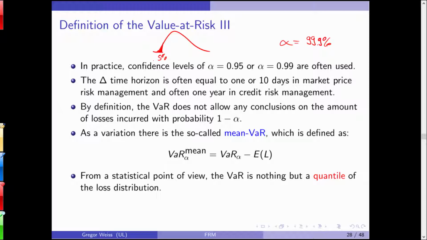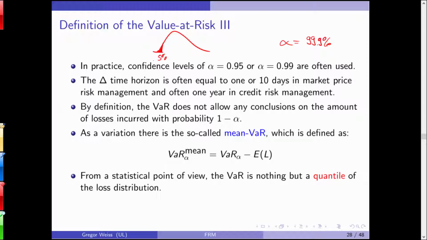And by simply looking at this definition, one can see that the very definition tells you that if the model is accurate, the VaR will still be exceeded in 1 minus alpha % of cases. By definition, if the model is correct, the VaR will be exceeded in 1 minus alpha %. It's the definition, it's a quantile.